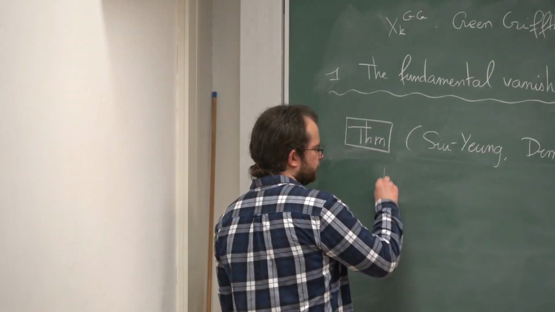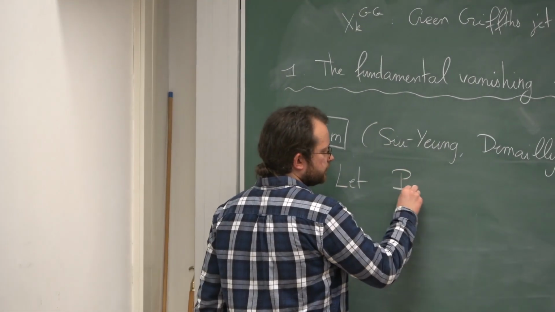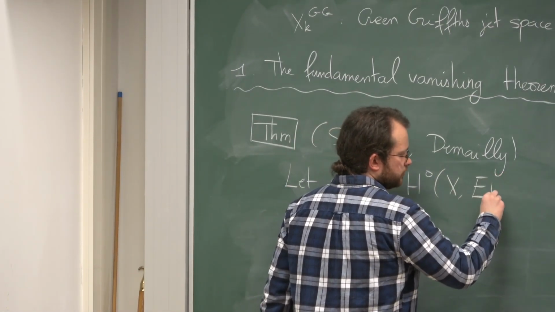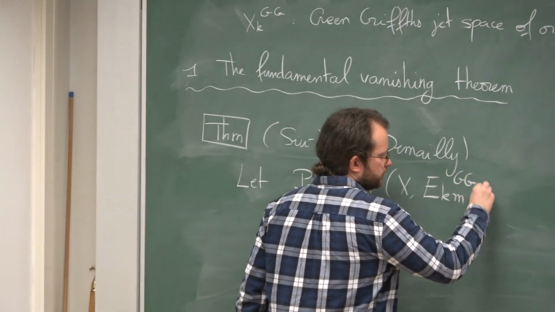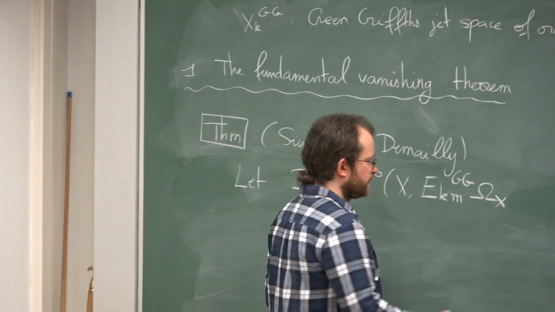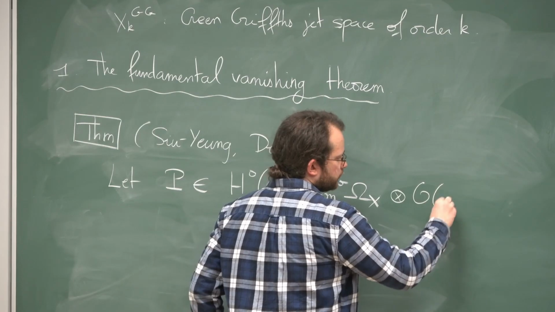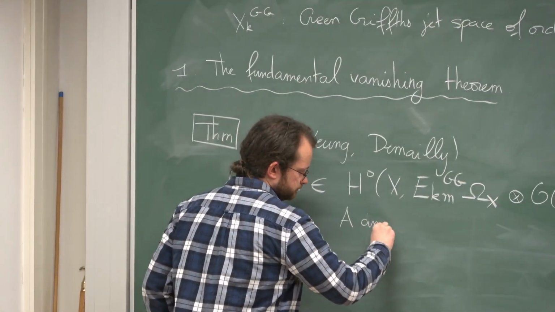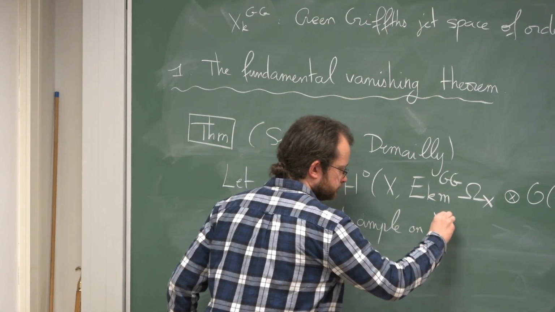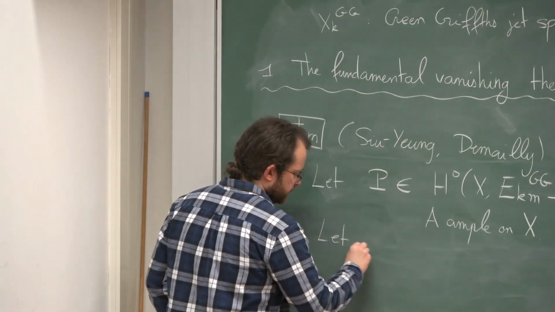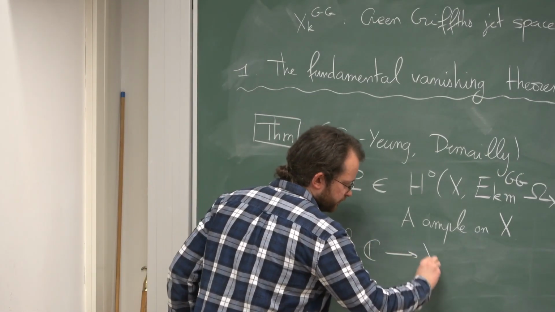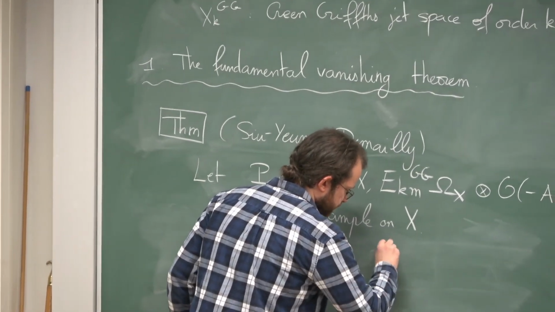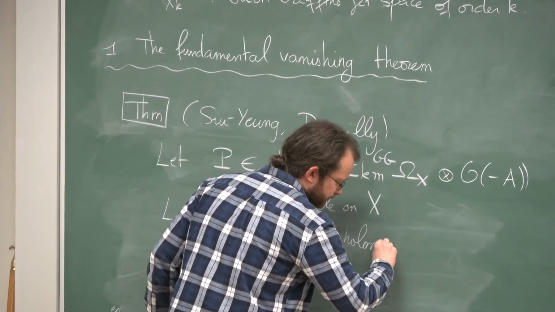So, pick P, a global section of this vector bundle that vanishes along an ample line bundle, or an ample divisor. Let now f be a holomorphic map from C to X, non-constant, if you want. It will be trivial if it's constant, actually.